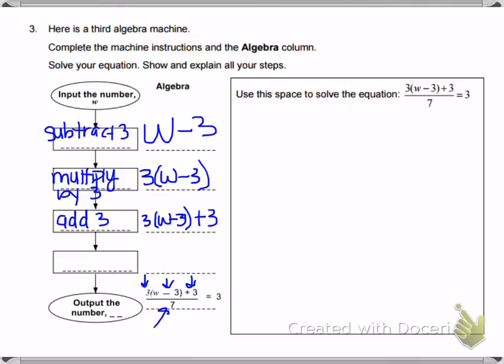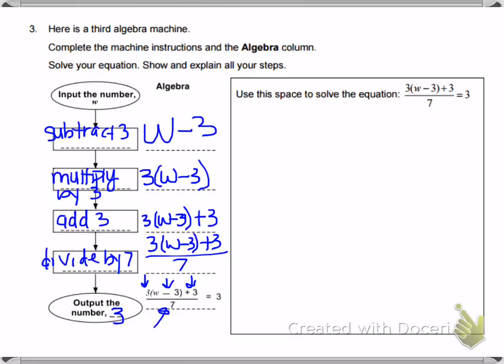After that, it looks like we divided by 7. So that's going to go in the next empty box. And that's going to give me 3 times the quantity w minus 3, and then a plus 3 all over 7. And then since it's set equal to 3, we output the number 3.